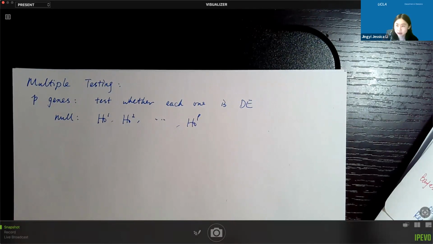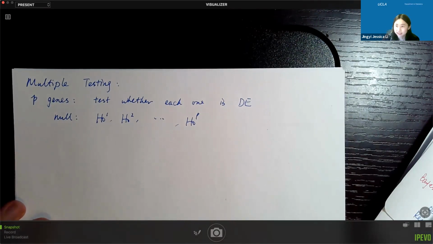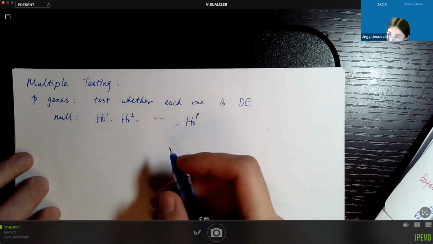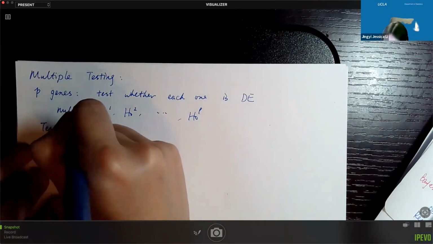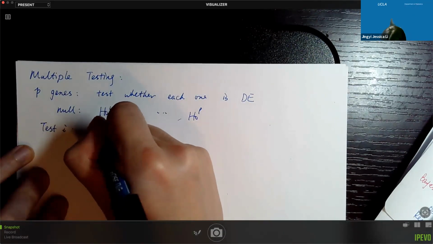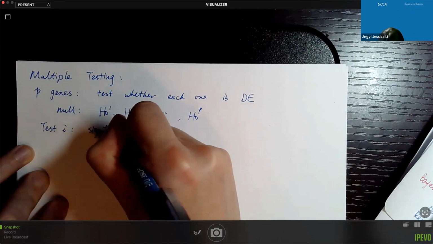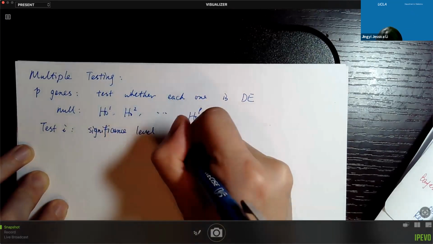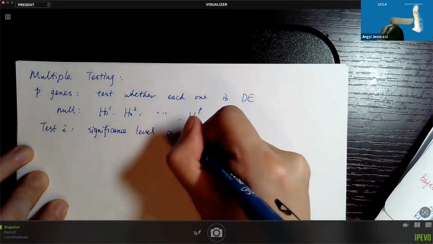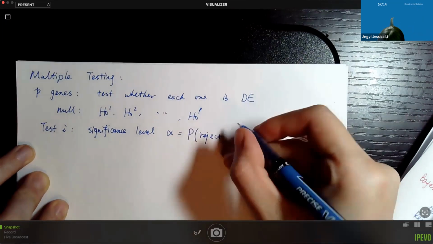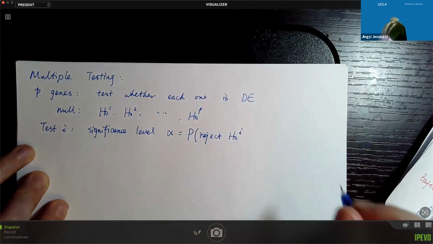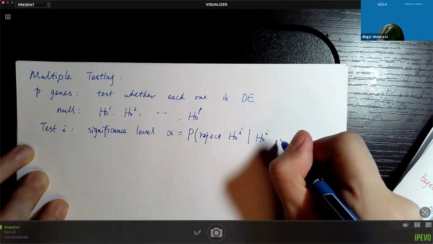So why does it actually matter? We know that in hypothesis testing, a commonly used significance level is alpha equals 0.05. So let's say for test i, we define the significance level, we call it alpha, as the probability of rejecting the null hypothesis i, given that the null hypothesis i is true.